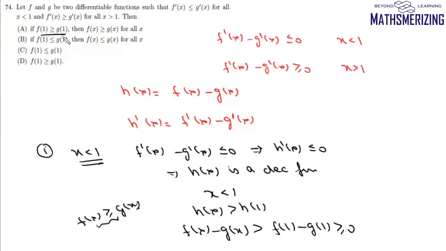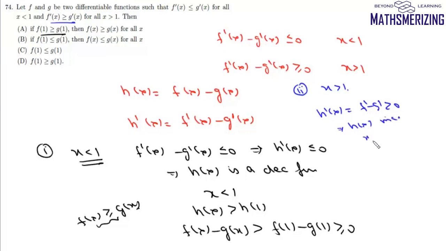Now we'll take the second case, when x is greater than 1. Now when x is greater than 1, h'(x), which is f' minus g', will be greater than 0. In that case, h(x) will be an increasing function.